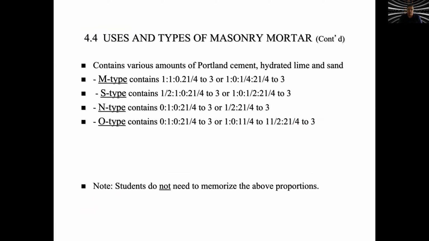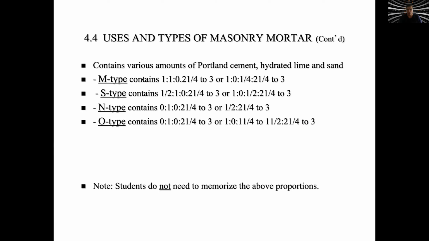The use and type of mortars depends on the proportion of the materials. And here we can look at the proportions that M mortar, S mortar, N and O type mortars will have. For example, the materials will be Portland cement, hydrated lime, and sand.